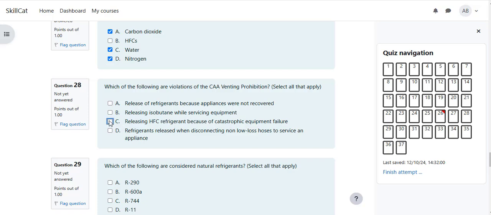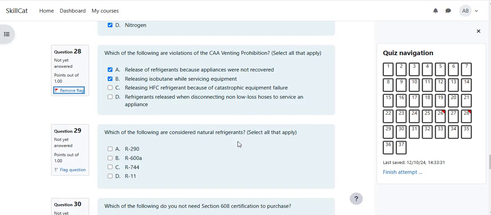Releasing HCFC because of catastrophic equipment failure? No, not this one. Refrigerant released when disconnecting non-loss hoses to service appliances. Okay, I'm not sure about this one.